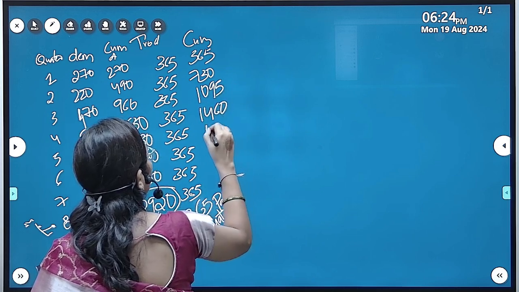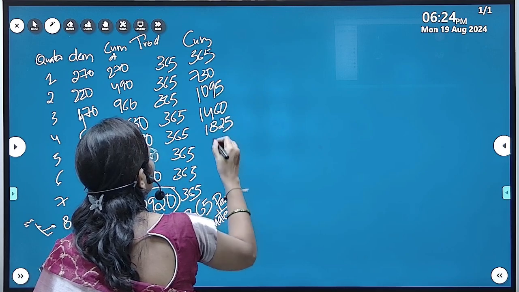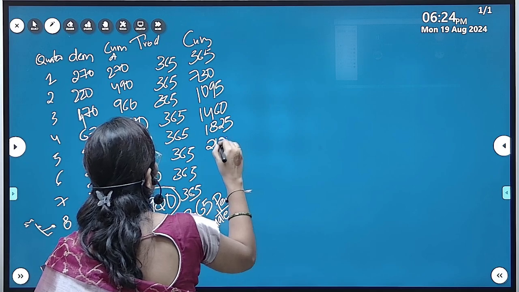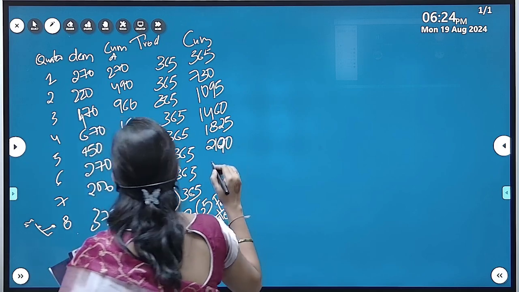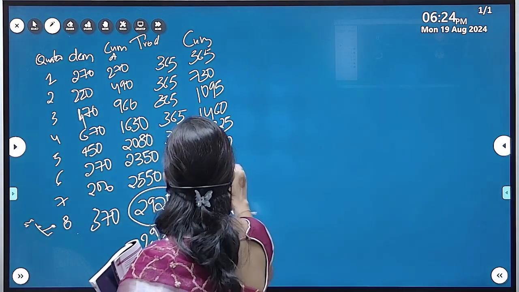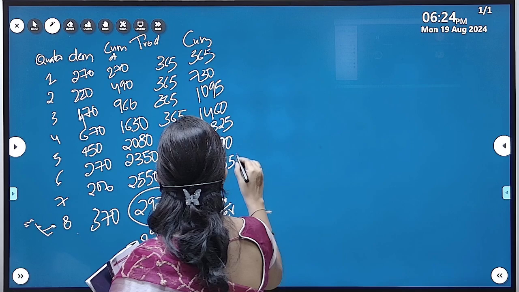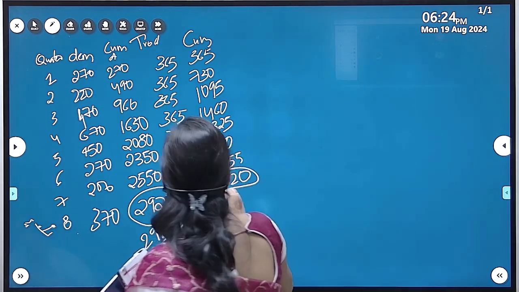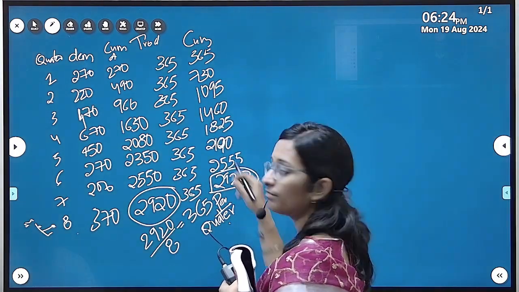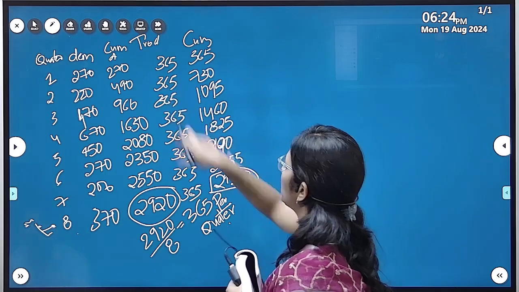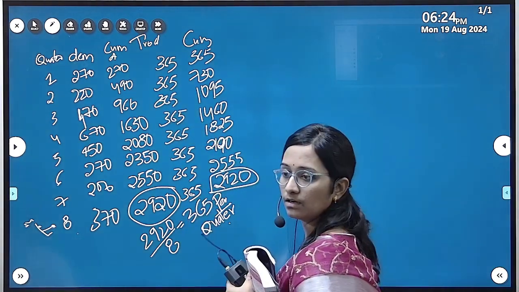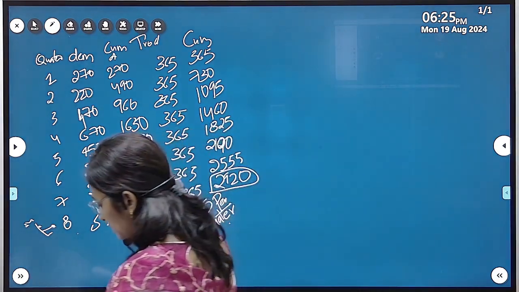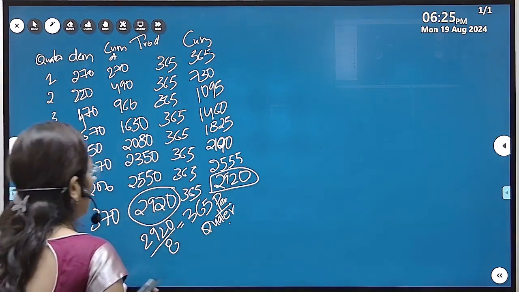Next, 1825, 2190, 2555, 2920. Okay, so we got this total again. After accumulating this production level, we got our total demand 2920, right? So that means we have distributed correctly.